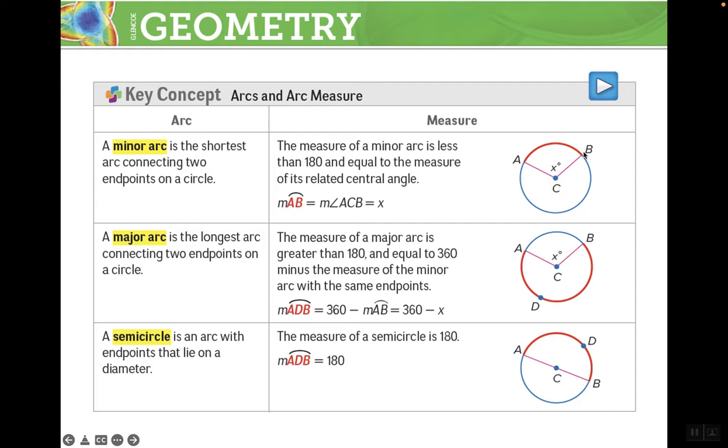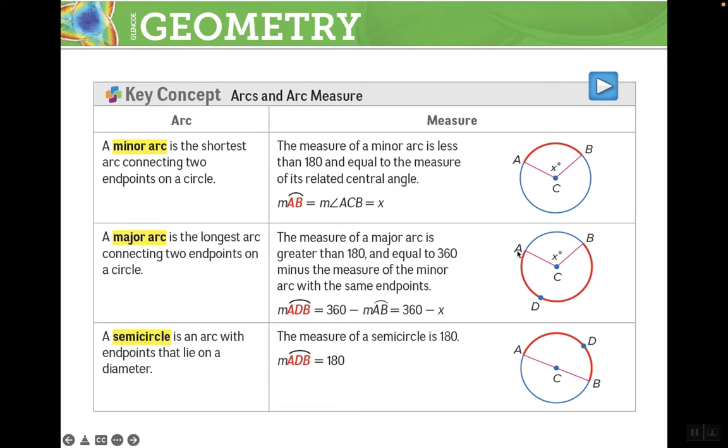Okay, and that measure is equal to the measure of the angle, so the central angle ACB. So if this central angle was 100 degrees, the arc length would also be 100 degrees. Okay? A major arc is named by 3 points. You have to use 3 points, otherwise it's assumed to be the shortest.